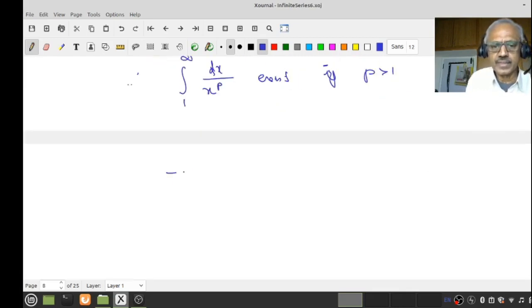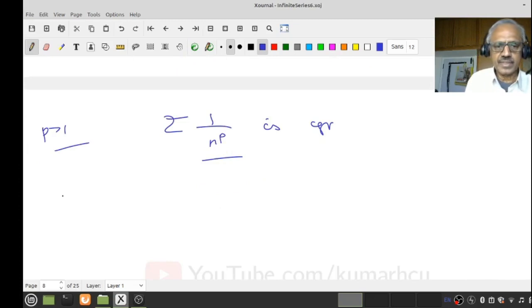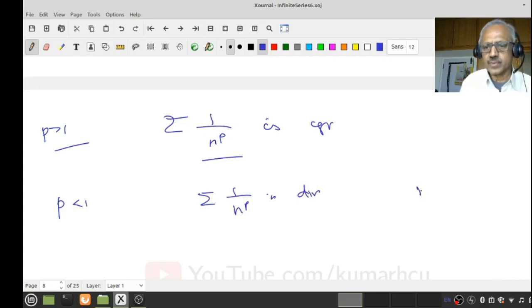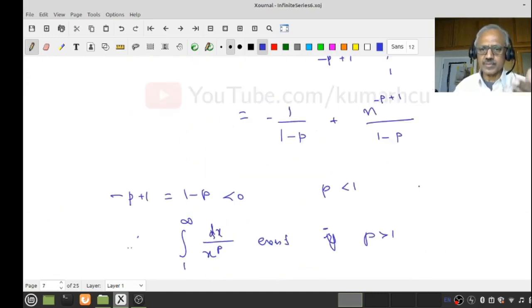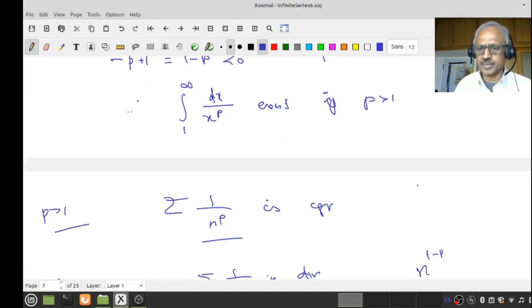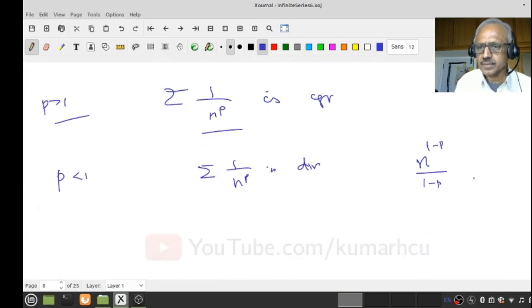Therefore, what do I get? The sum of 1 by n to the power p is convergent if p is greater than 1. For a similar reason, if p is less than 1, this is divergent. Why? Because what do I have? n to the power 1 minus p by 1 minus p, for a fixed constant, I hope I am right.